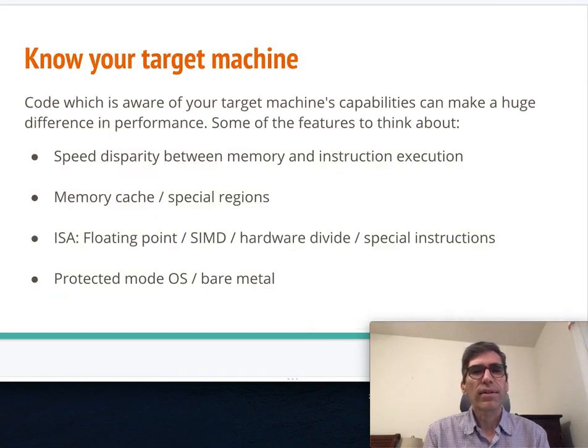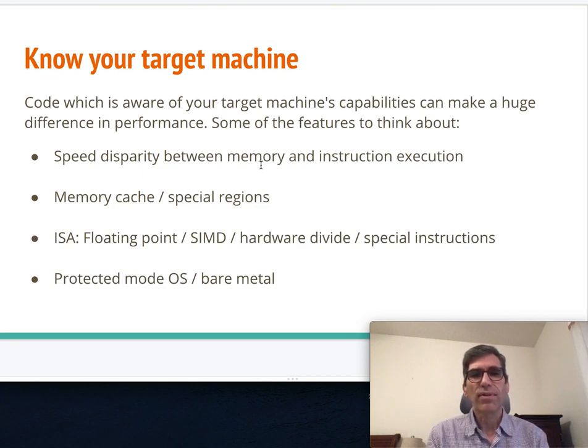And one of the things that I have to know a lot of detail about, and hopefully you don't, is your target machine. But some details are useful to know about your target machine. For example, is there a great speed disparity between memory and instructions? So on modern PCs you have a 2-3 gigahertz Intel processor.